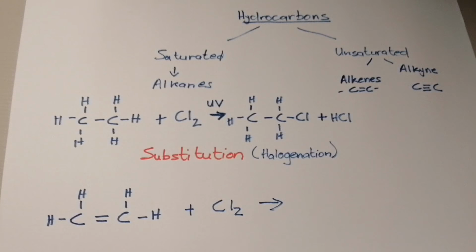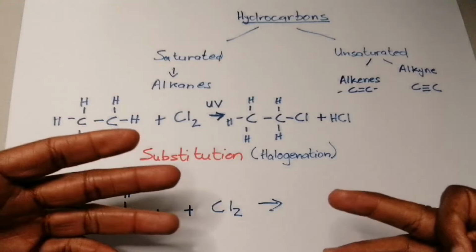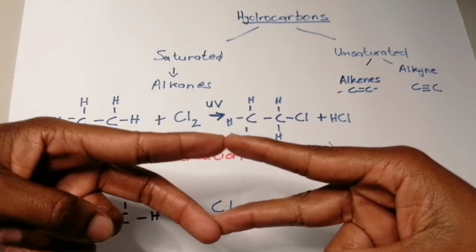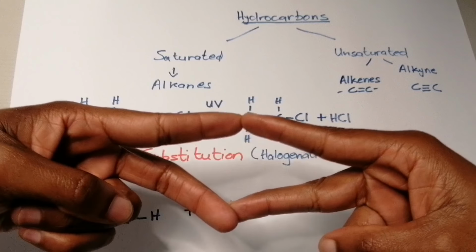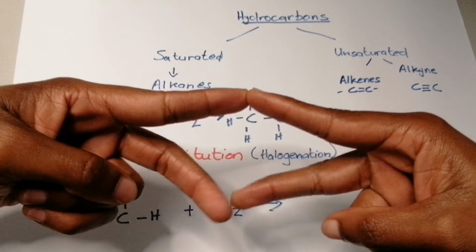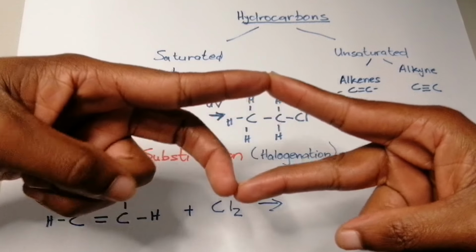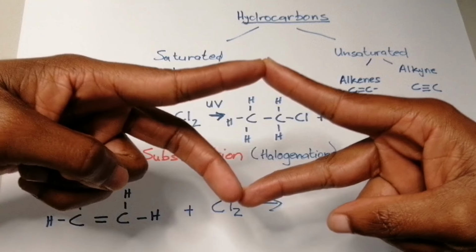Now please, I want you to note, I'm going to illustrate this with my fingers. So imagine a double bond to be something like this. So you've got what we call the sigma bond. That's the first primary bond, that's the strongest one, and then you've got a pi bond, which is a weaker one, so it's this one here.